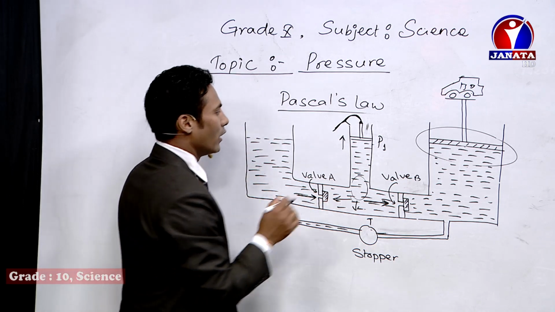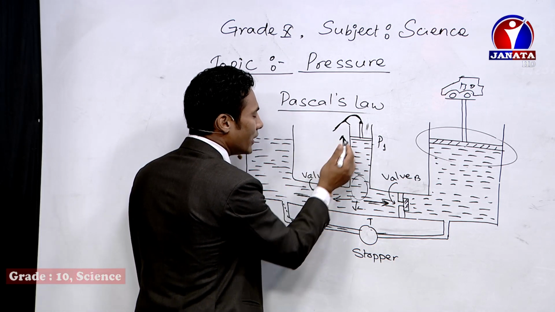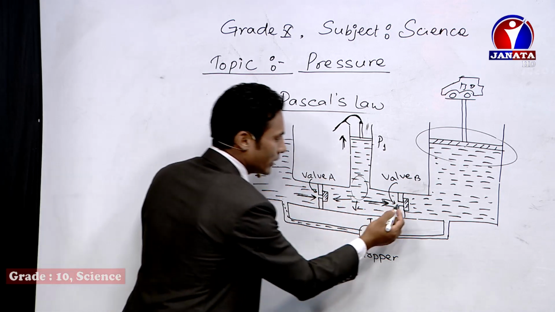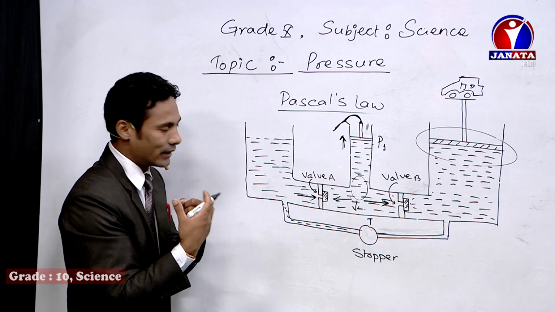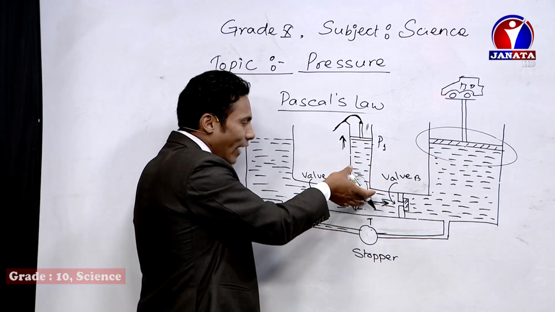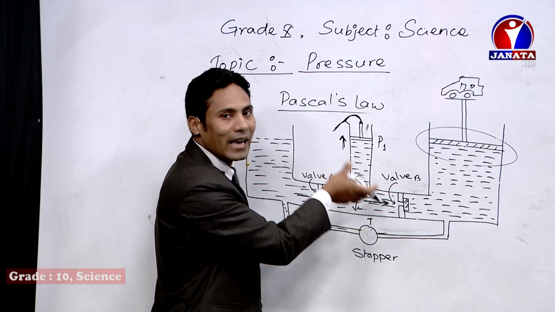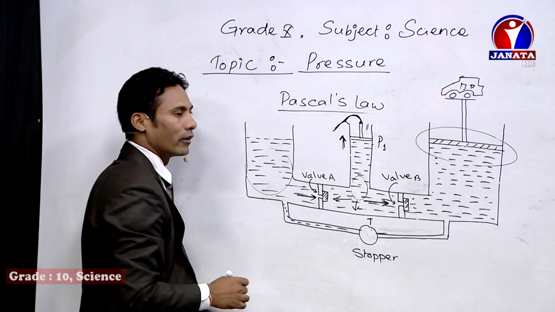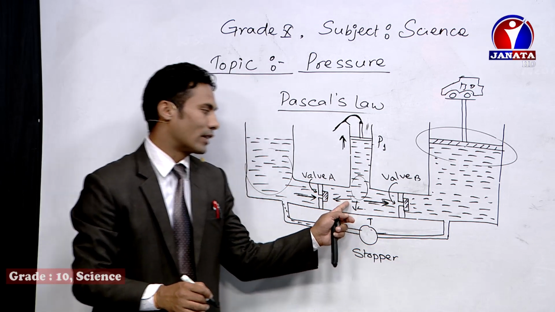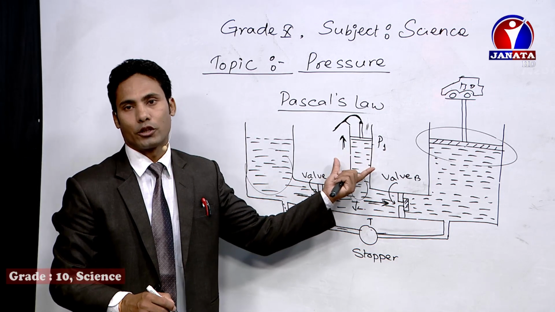What I mean is, when we lift this lever in the upward direction, this valve B gets closed. It's a one way valve, right? It gets closed, then some vacuum is created over there, and this vacuum is filled by liquid from the reservoir, transmitted to the small chamber.